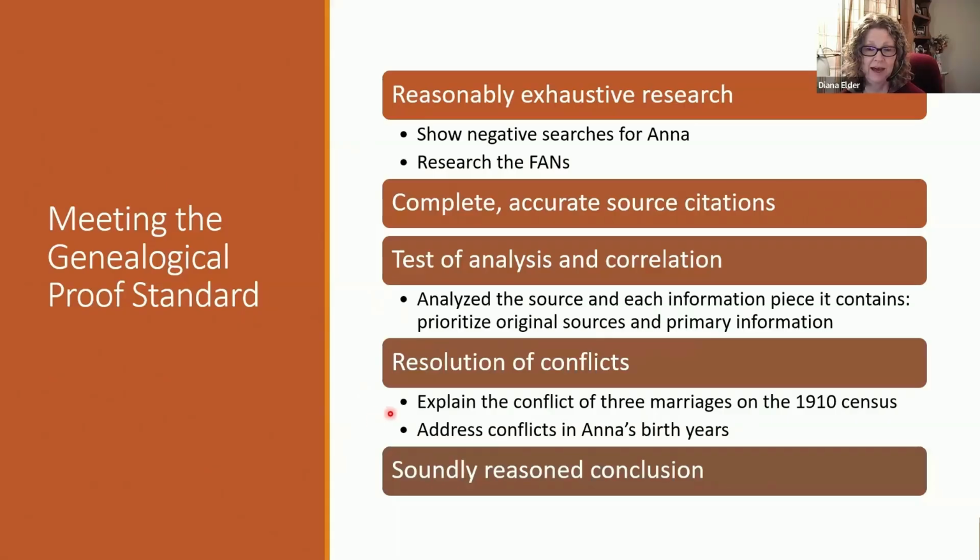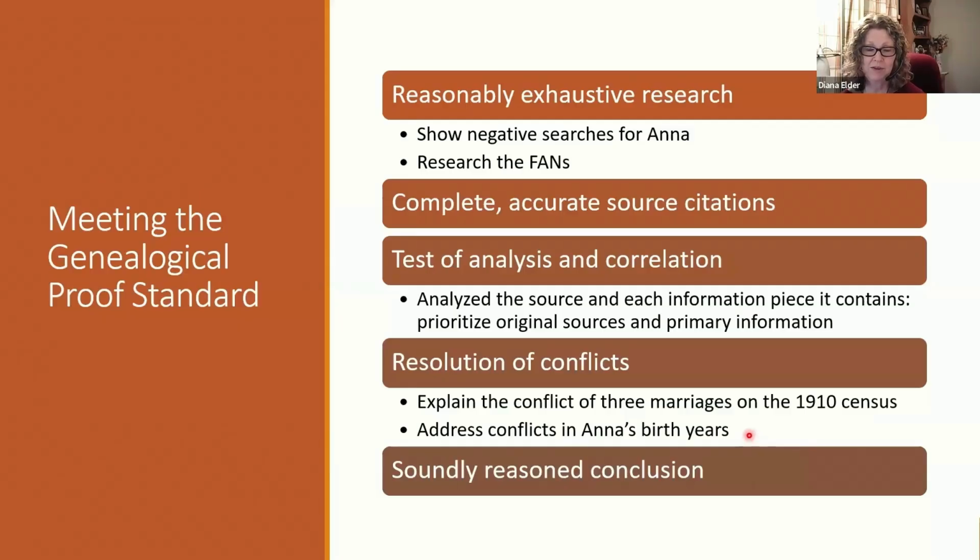So we have the conflict of those 3 marriages on the 1910 census. We'd need to resolve that and explain perhaps her motivation in putting that, and maybe do additional work to explain that. And then also the conflicts in her birth year. So we have the 1834, whereas she has a birth record for 1833.